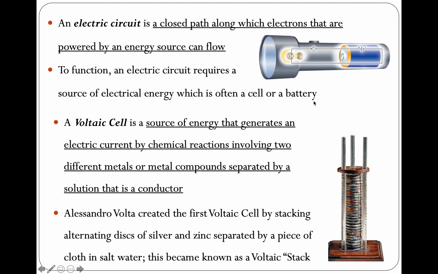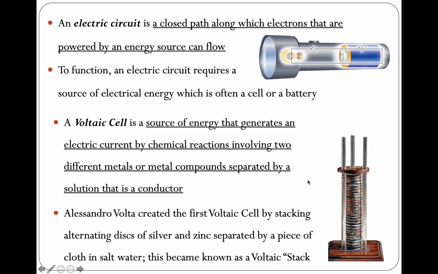But let's maybe take a step back and talk about a voltaic cell. There's a picture of an old one here, worked on in the 19th century. A voltaic cell is a source of energy that generates an electric current by chemical reactions involving two different metals or metal compounds separated by a solution that is a conductor.